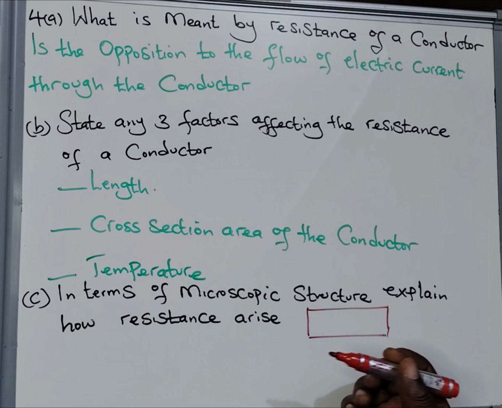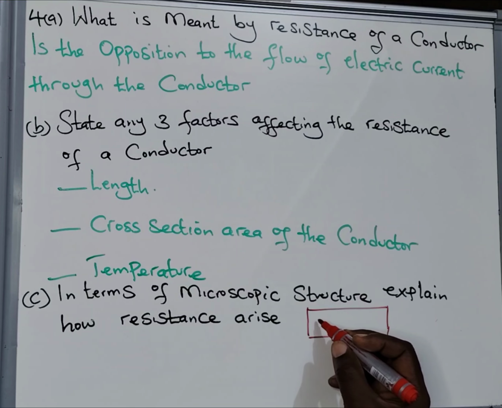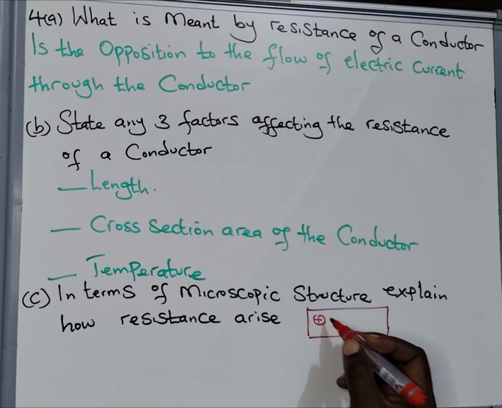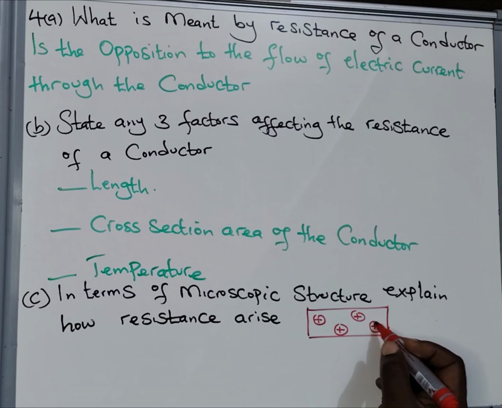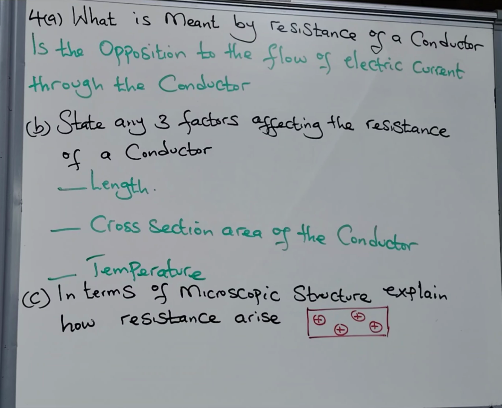You have to know that we have a neutral atom. When they lose electrons, they become positive. So these are positive particles after loss of electrons.